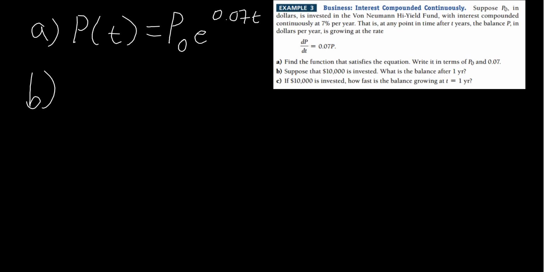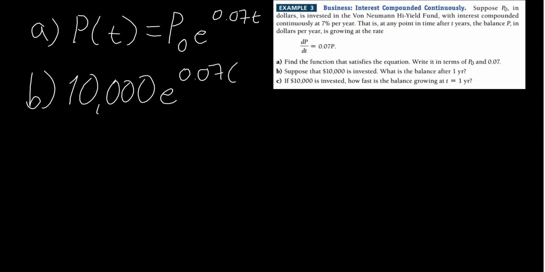So my equation is just going to be 10,000 times e to the 0.07 times t, and after 1 year, it's going to be 1. And then we just have to do that arithmetic, and some behind the scenes calculator work. 10,000 times e raised to the 0.07.